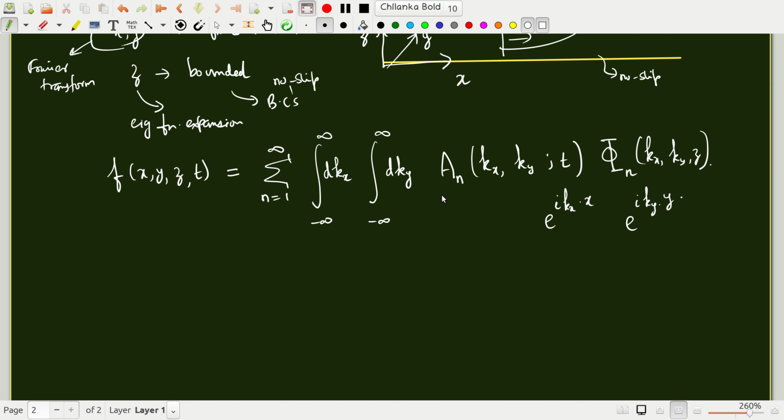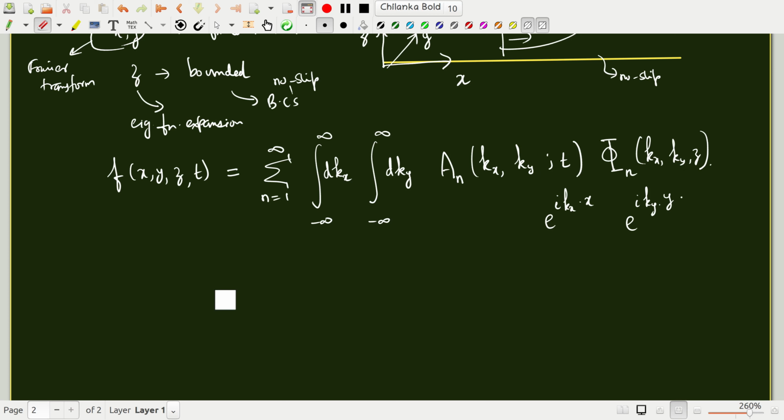Now you can imagine arguing that, if you substitute this all in the partial differential equations, you will get a set of ODEs for an, and those themselves can be thought to be solved by Laplace transforms if you wish, or you can say that because these are all linear PDEs which are first order in time, the time dependence has to be exponential.